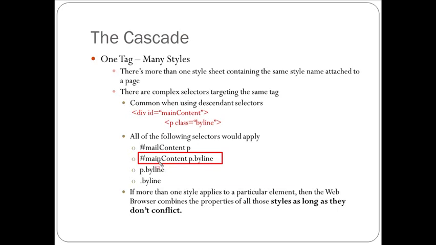The second one has the same pound main content ID, 100 points, the same paragraph tag, 101 points, and it also has a class, 111 points. In the third example, it's merely a tag and a class, which is 11 points.